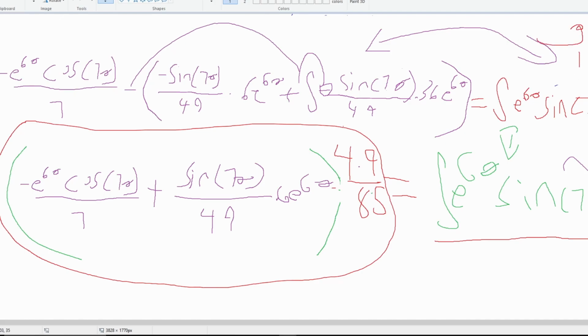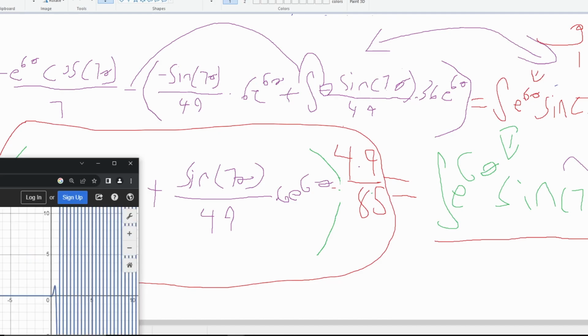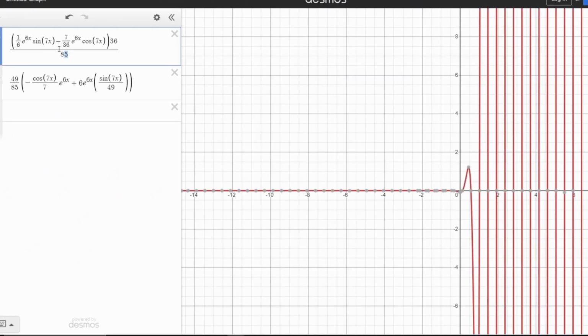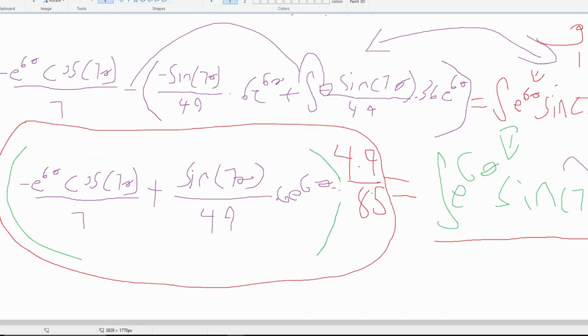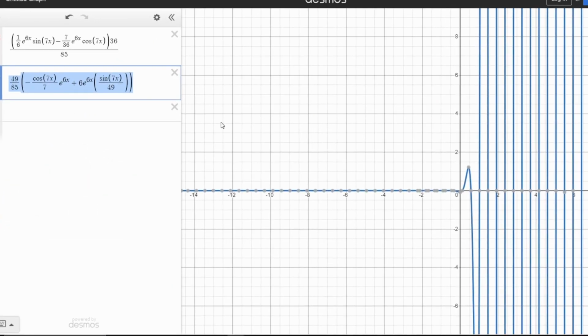It'll use something like this as the g prime of x. Not all of them will do that, but some will. And you'll get our first function here. What we got here is this. Let me double check. Yep, that's correct. We got it, boys.